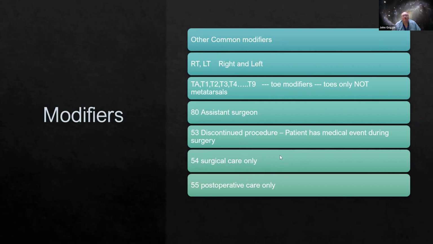Somebody who doesn't do it sends you that patient. It's too far for them to follow for follow-ups. You've prearranged with the other doctor, they're going to follow up. You're going to bill your procedure with a 54. He's going to bill the procedure with the 55, and he'll take care of the post-op care and you take care of the surgery. Again, you can even be struck by an orca, and there's a code for that.